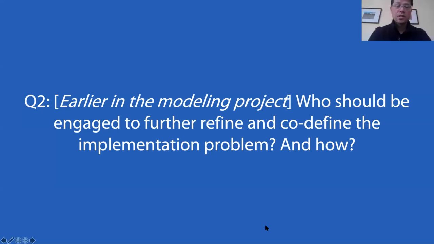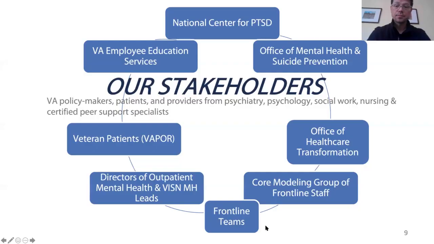Another key question early in the modeling project is to ask who should be engaged to further refine and co-define the implementation problem, and also how you are going to do that. In our experience, models that are co-created with several different groups of stakeholders really help to build consensus and a more complete understanding of the problem you're trying to solve.